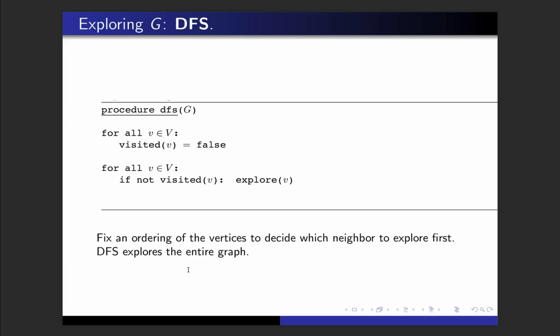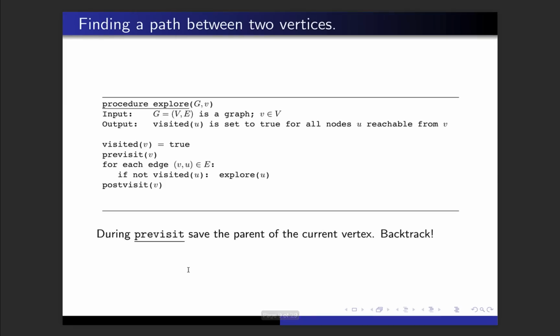These are the type of things we will use as black boxes, so you may want to take note of these possible outputs. One first idea is, for example, you can find a path between two vertices, given that these two vertices are in the same component, of course. You can even say, if you don't find such a path, that these two vertices are not in the same component. One way to get a path connecting two vertices is by recording, in the pre-visit label, the vertex you are coming from.